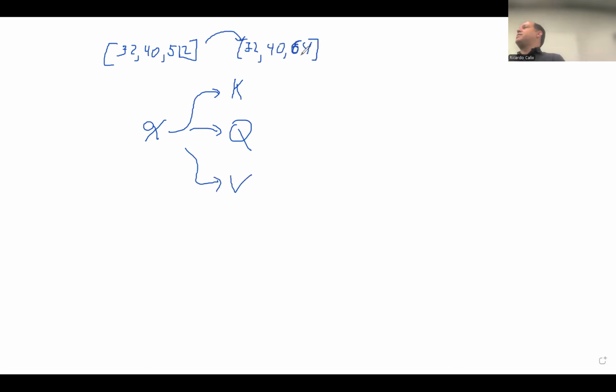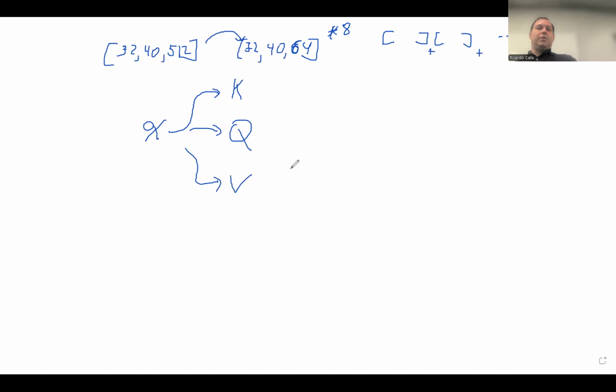Just compressed a little bit, but that's because you're going to have 8 of these. When you create 8 in parallel, imagine this is one, this is the other one, all the way to 8, you just concatenate them and create one single tensor of 32, 40, 512 again.